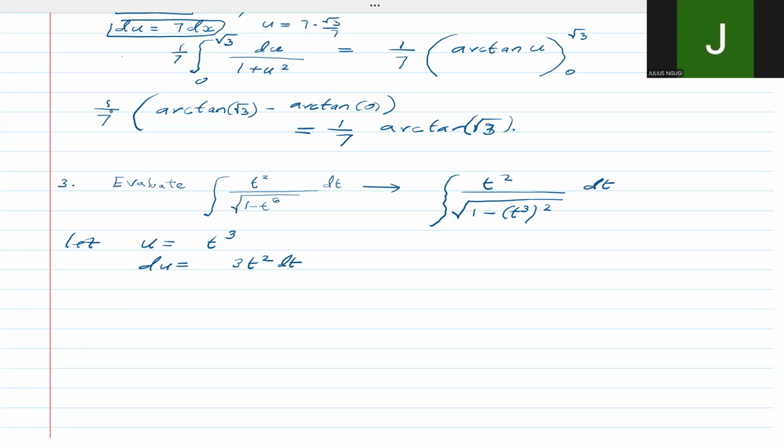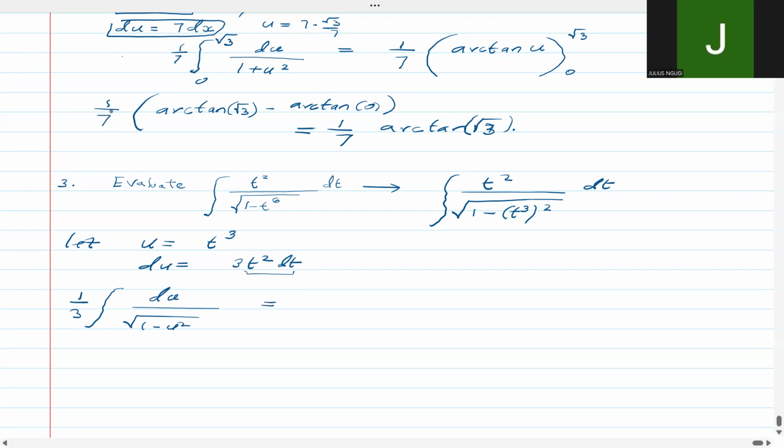Now we have the integral. Whatever is in the denominator is the square root of 1 minus u squared. And now let's check t squared dt. We have t squared dt here. So if I isolate t squared dt, I get du over 3. So 1 over 3 is there, and I will have du.